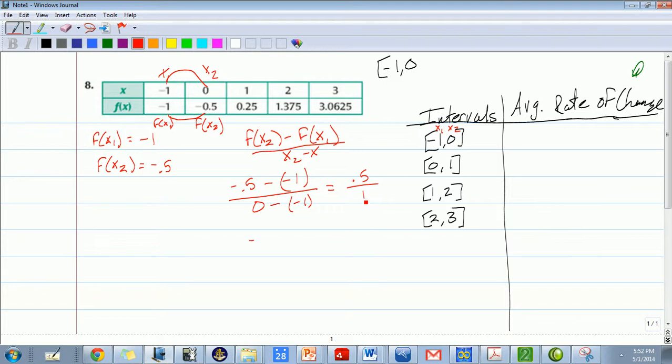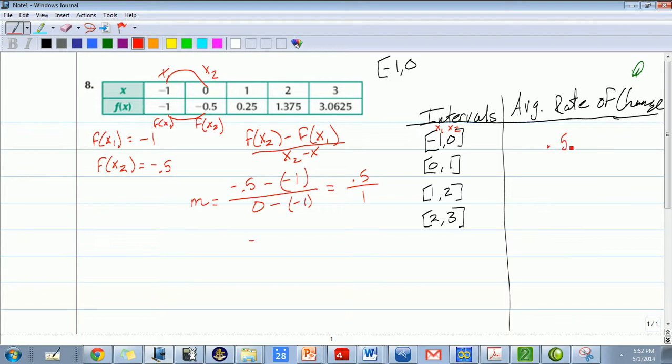On the top you should get 0.5 and on the bottom you should get 1. So m, our average rate of change or slope, for that interval was 0.5.